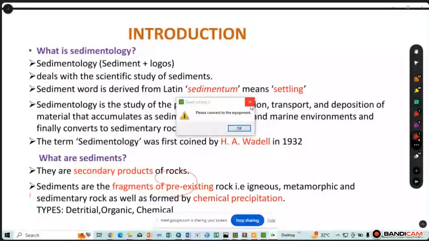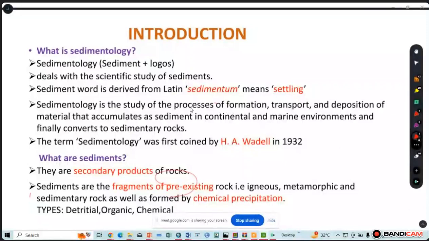That means we find sedimentary rock in both continental and marine environments. The three main processes are formation, transportation, and deposition. The term sedimentology was given by H.A. Waddell in 1932.